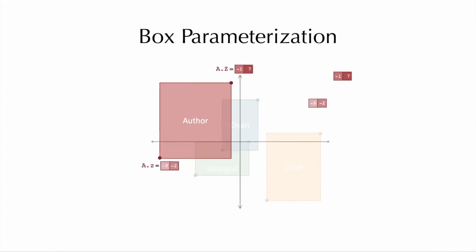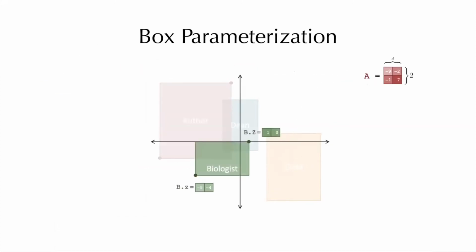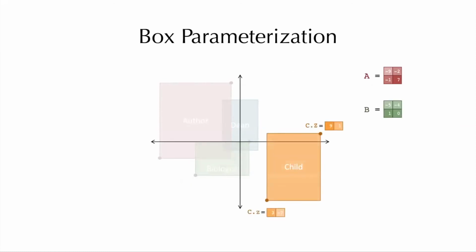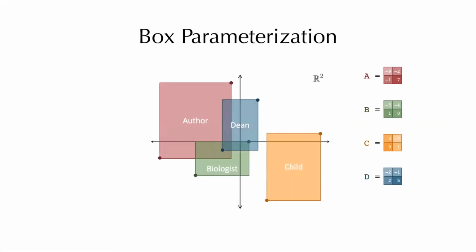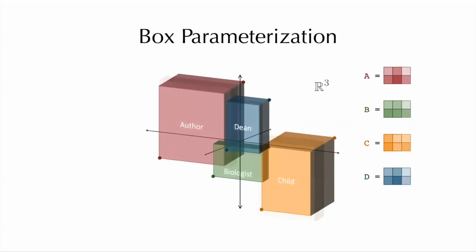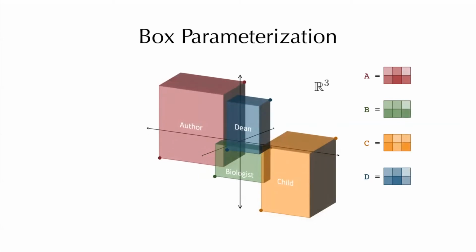Regardless of the method of parameterization, for each box, we can access their min and max coordinates, which we put as a 2-dimensional vector. As we observe, two-dimensional boxes require 4 parameters per entity. The representations extend naturally to higher dimensions, requiring 2 times d parameters per entity in general.